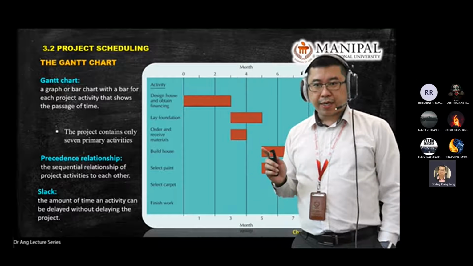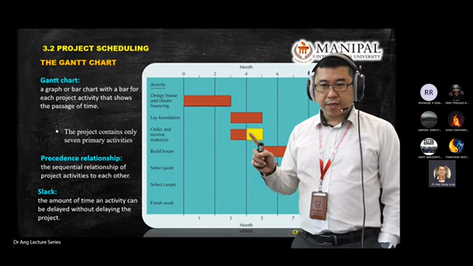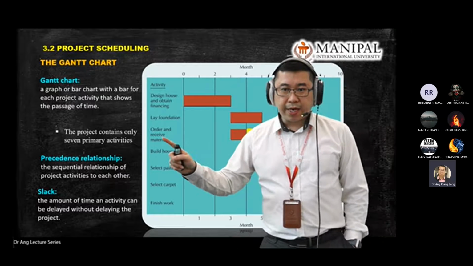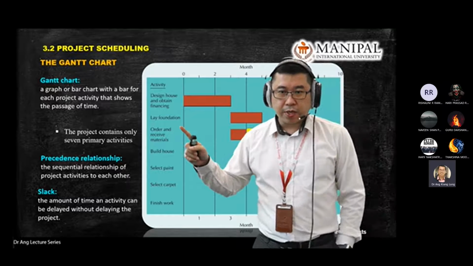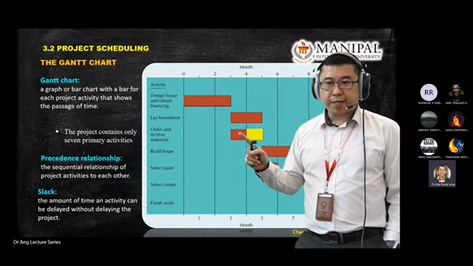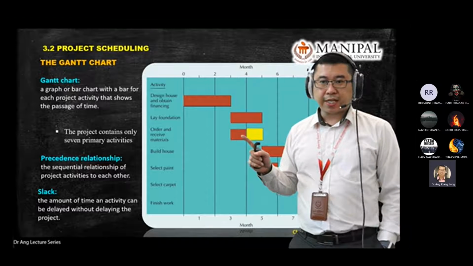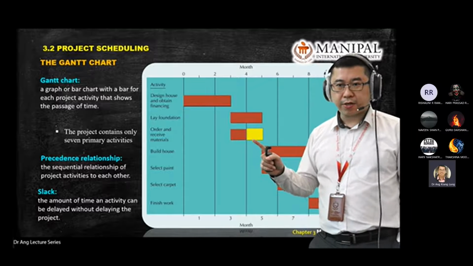What do I mean by slack? So I highlight this area where it will tell you that activity number 3 here, with its order and receiving material, if anything happened in this slot, this activity can afford to delay until this slot.